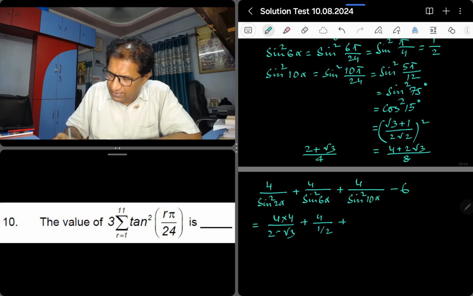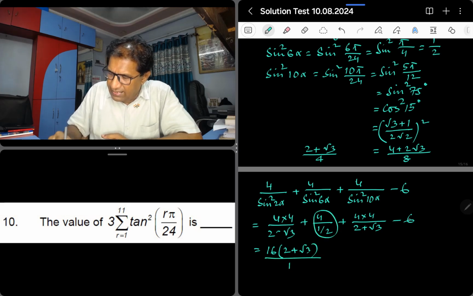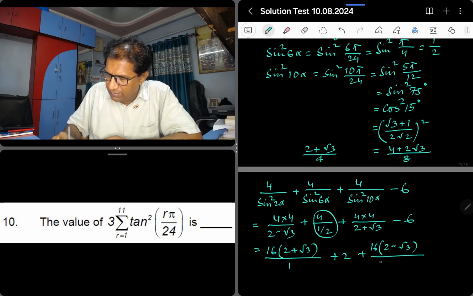So let me just replace this. So again 4 into 4, and in the denominator we will have 2 plus root 3 minus 6. So this is 16 and 2 plus root 3. If I rationalize, this is actually 8 minus 6 will give us plus 2. This is again, if we rationalize, 2 minus root 3 divided by, if we rationalize this one, we are going to have 1 in the denominator.